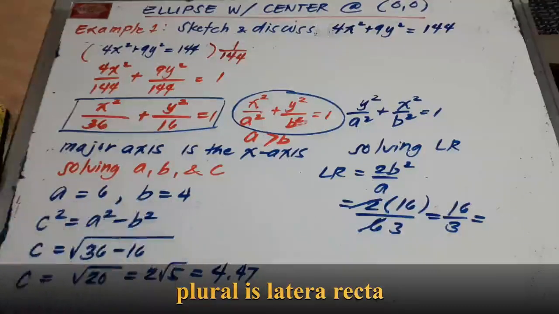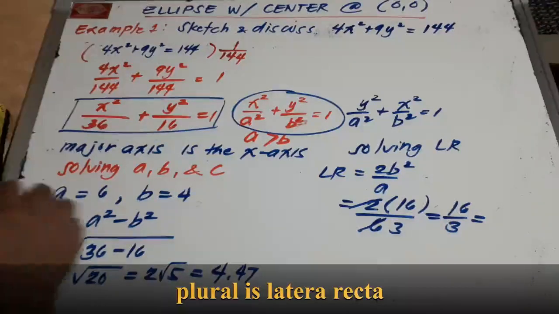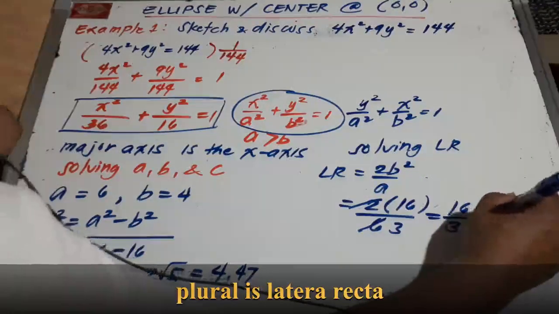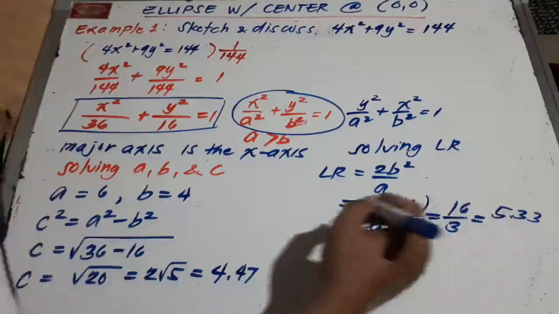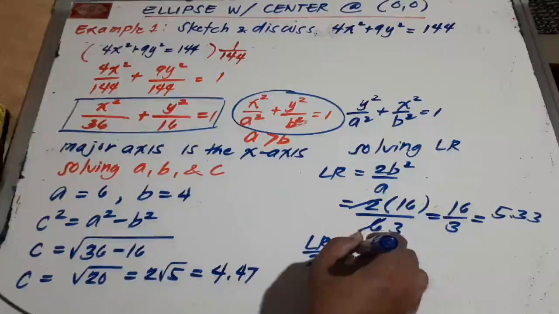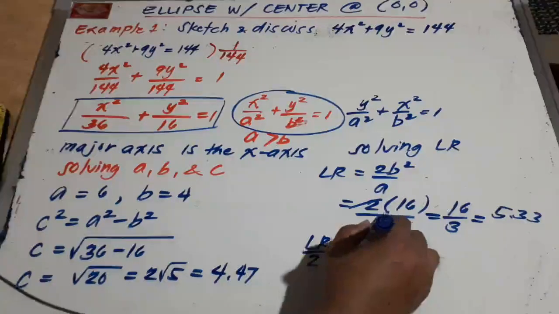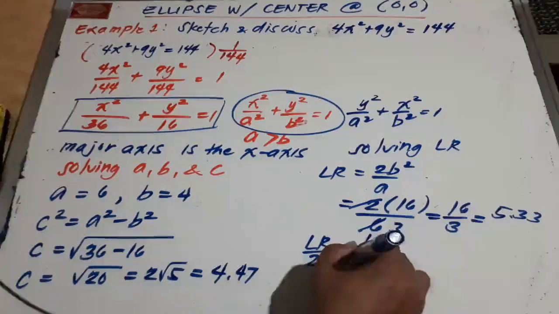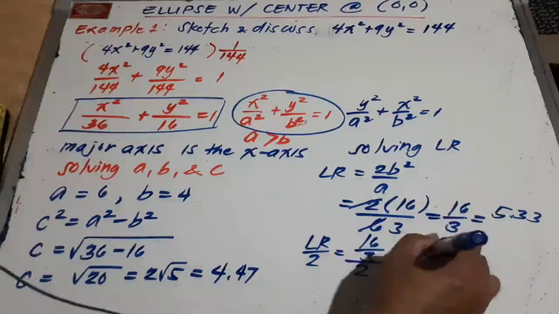In decimal, that is equal to what? 16 divided by 3 is 5.33. Okay. We need half of LR sa pagpa-plot. So, we need LR over 2. LR over 2 is 16 over 3 over 2, or that is 8 over 3.